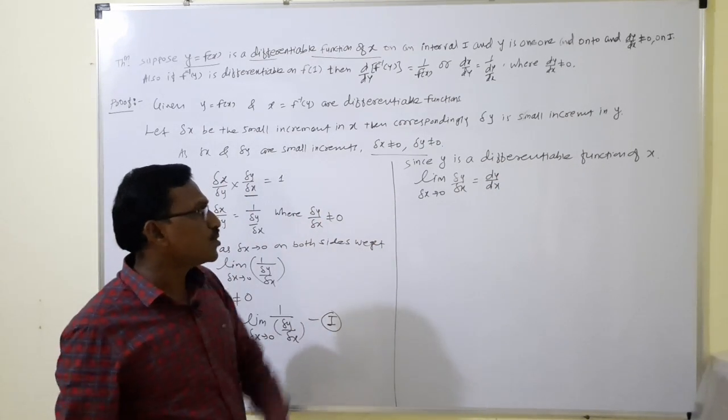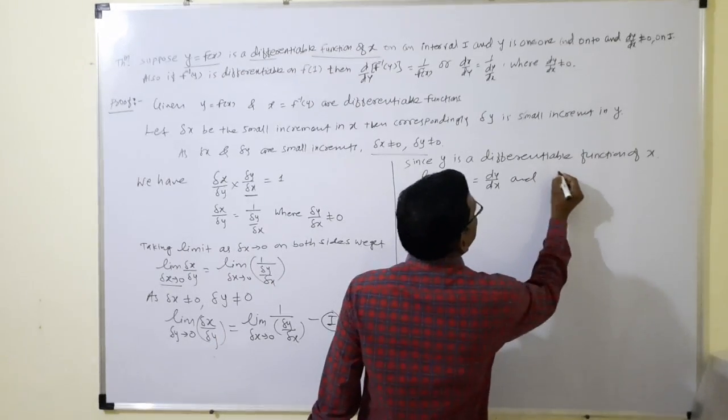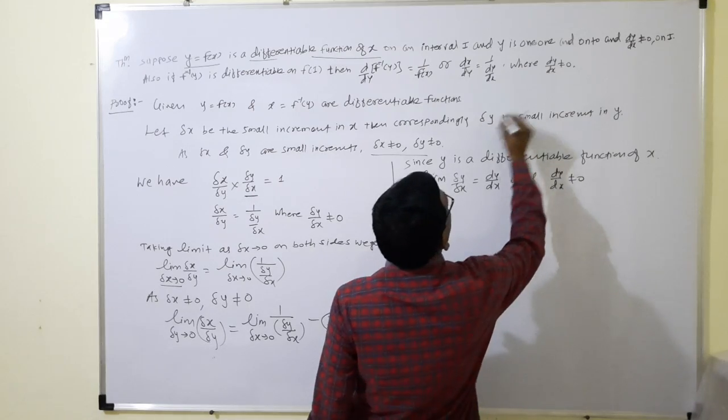And also given, this delta y upon delta x is non-zero.